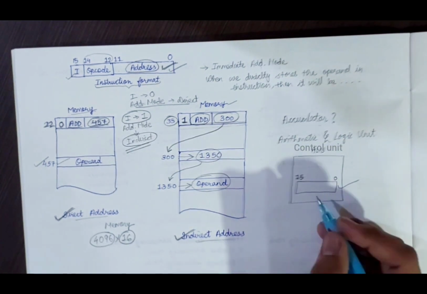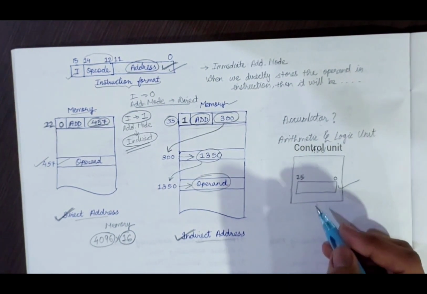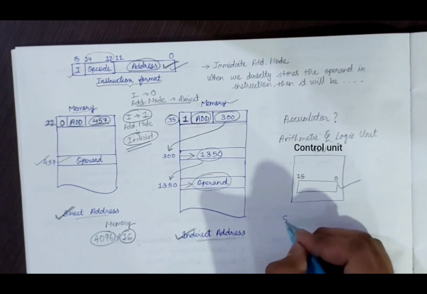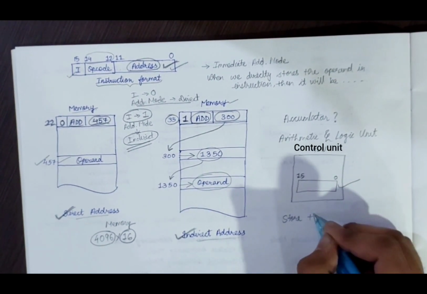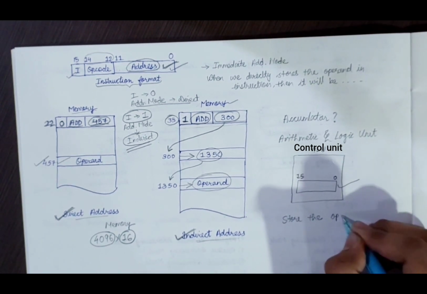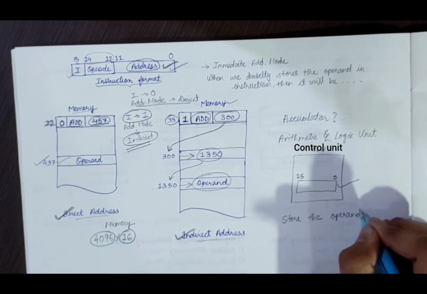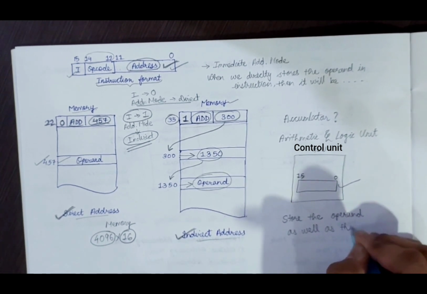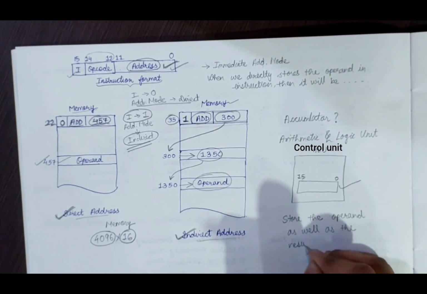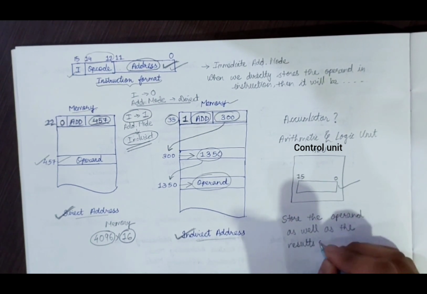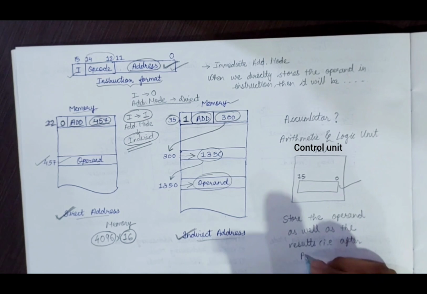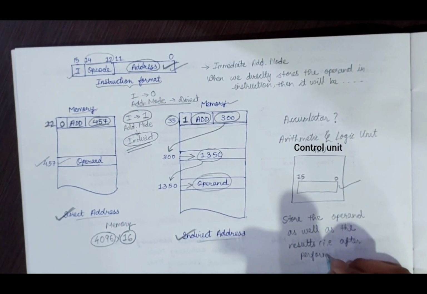So what is the use of this accumulator register? The accumulator register is used to store the operands as well as the results, that is after performing the operations.